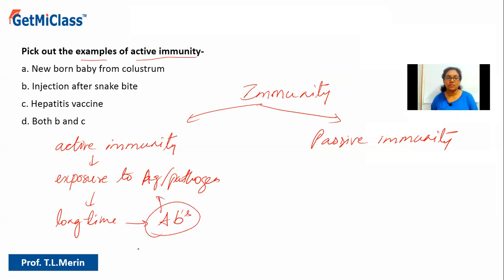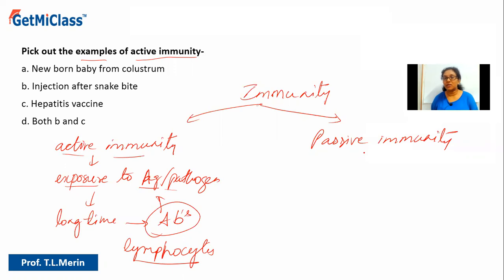Here the cells, that is the WBCs, the lymphocytes participate, but it will take time to respond. It mostly needs an exposure to either dead or alive pathogen. That is active immunity.